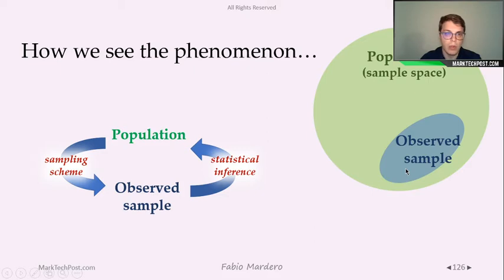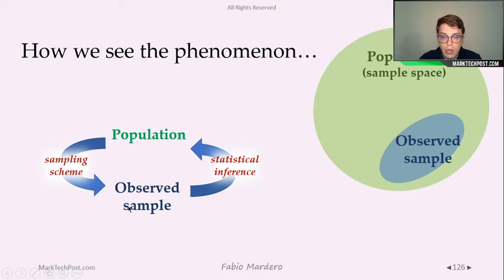So the sample is drawn from the population through a sampling scheme, and we get an observed sample, which is usually quite small.